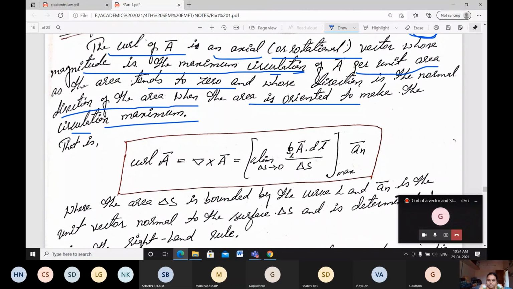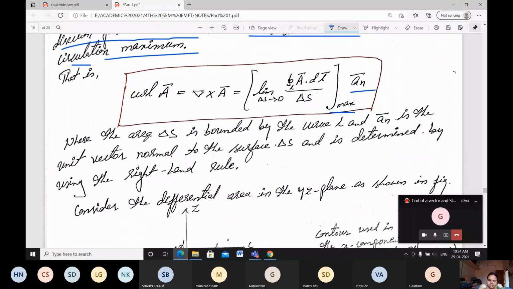The equation is: limit delta S tends towards 0 of the closed integral of vector A dot dl divided by delta S, with a maximum value, and the direction depends on which way it is moving. That is here taken as unit vector an.